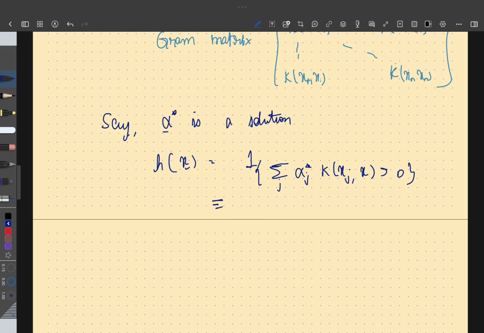Because this is exactly the indicator inner product between w and psi of x greater than 0.